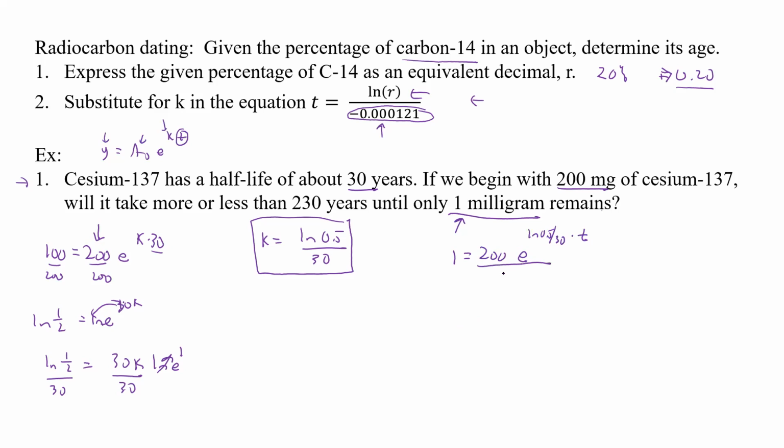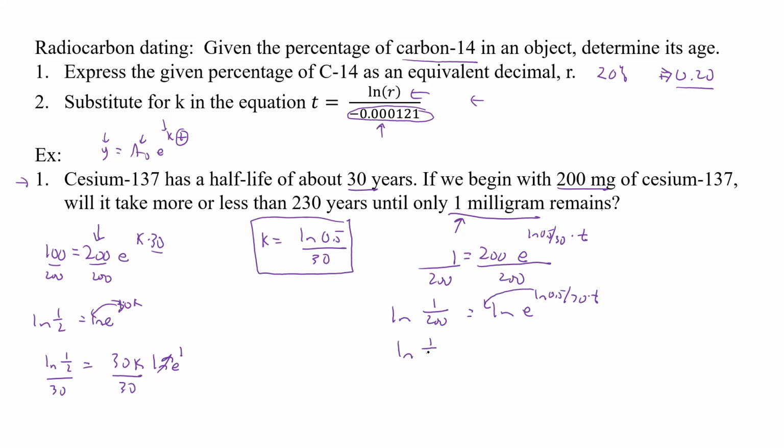Well, we're going to divide both sides by 200. So 1 over 200 equals, now we'll put e to the ln 0.5 over 30 times t. And so then we're going to take the ln of both sides. And so again, this comes down in front, and then our ln e disappears.